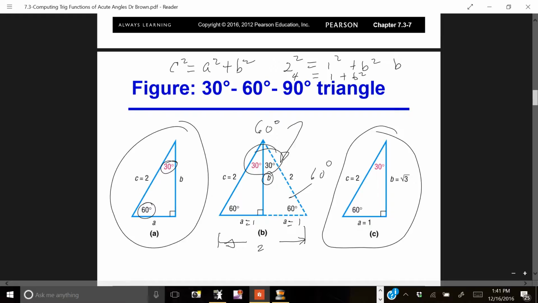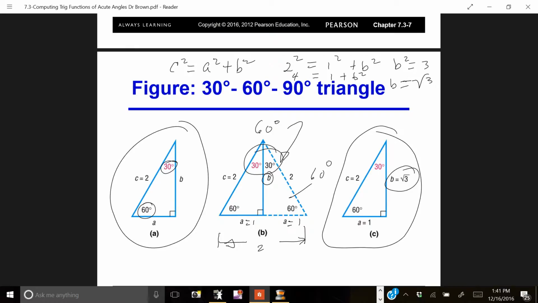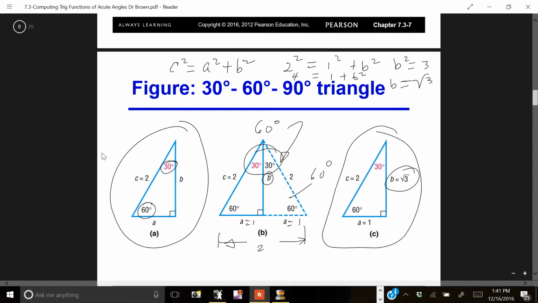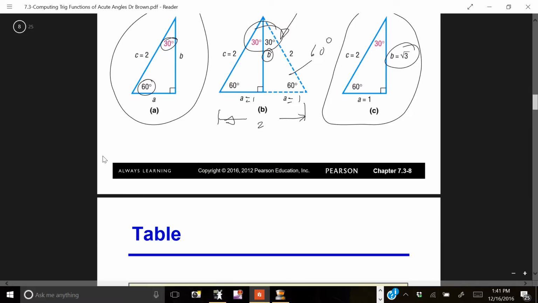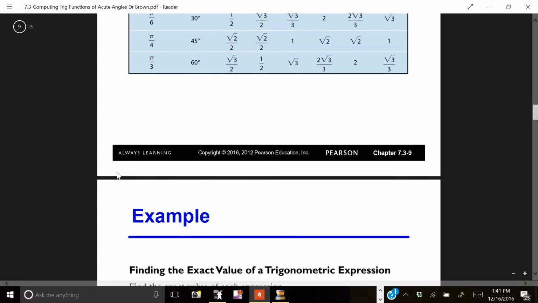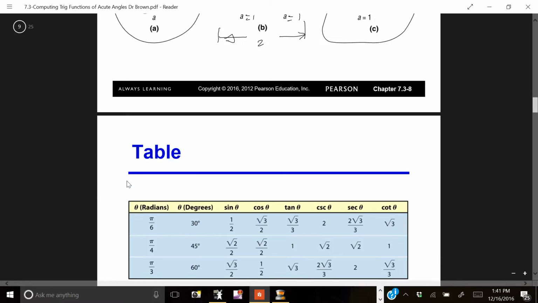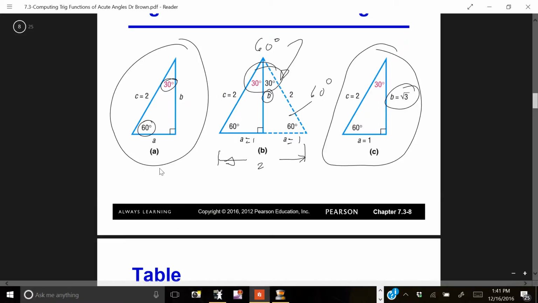So b squared is equal to 3, and b is the square root of 3. So now we have a 30-60 degree right triangle with all the sides identified. And now let's just fill this in.